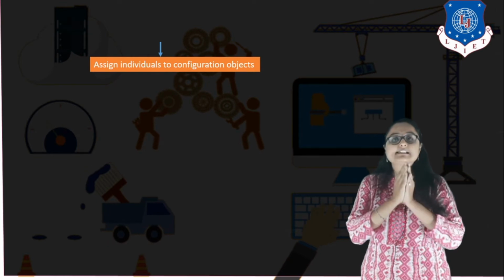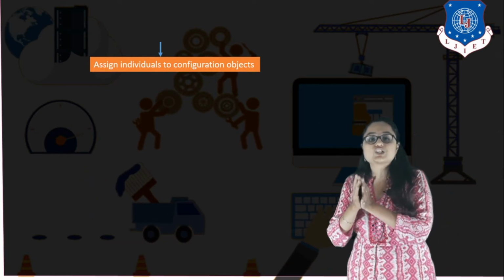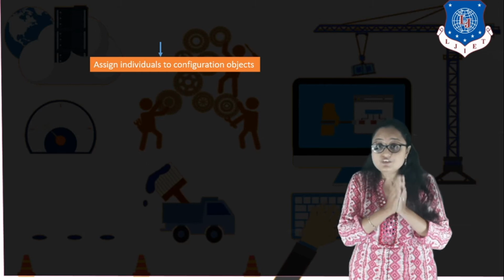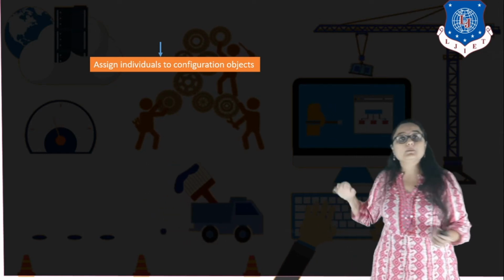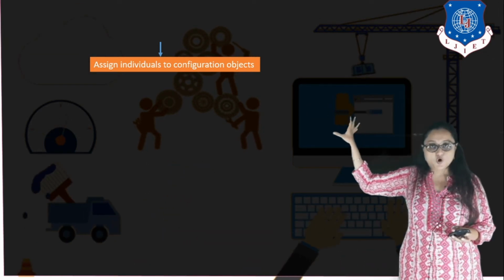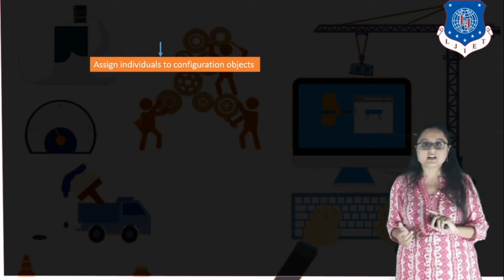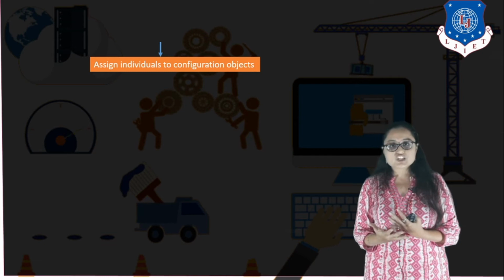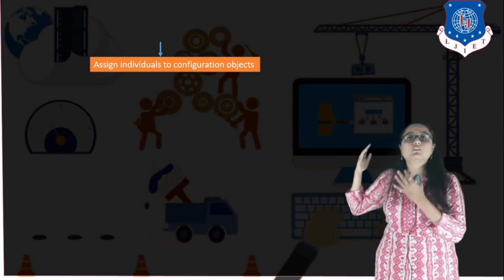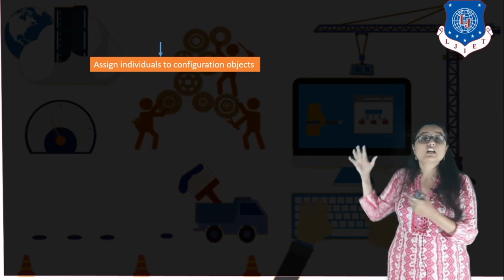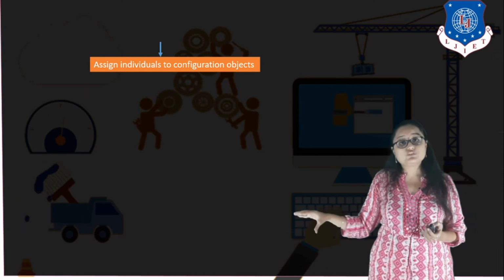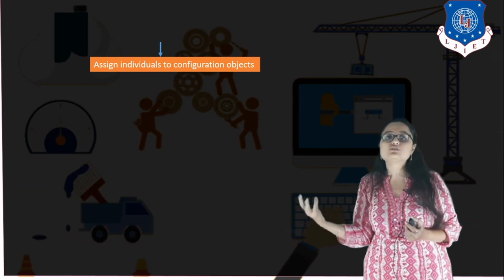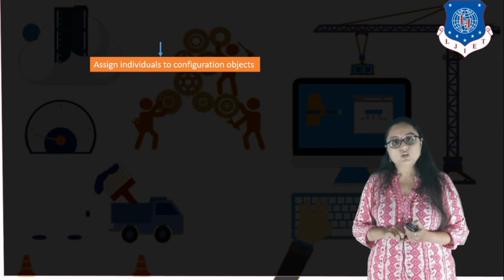We will assign individuals to configuration objects. It means that there will be some configuration objects that we have already identified which are to be changed, right? So there may be some configuration items that may be changed through this change request. We are assigning these configuration items to the developers who will change those particular items, right?